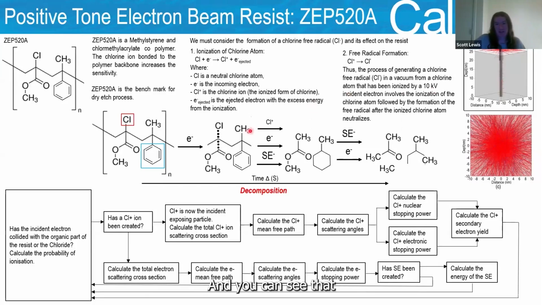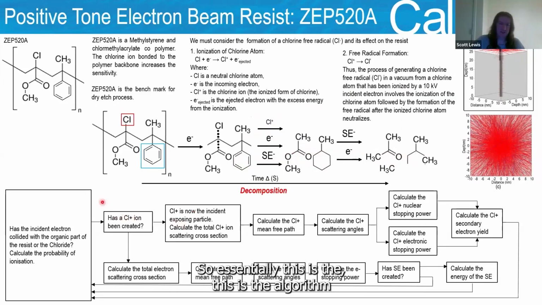And you can see that going back to the ZEP, this chlorine starts breaking this down. And of course, when the electrons get trapped in the benzene ring, or the styrene as we call it, they basically just go in a circle and break it down. But it takes a lot of energy to break that down.